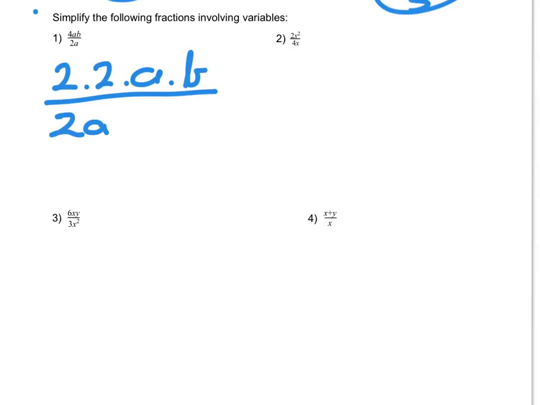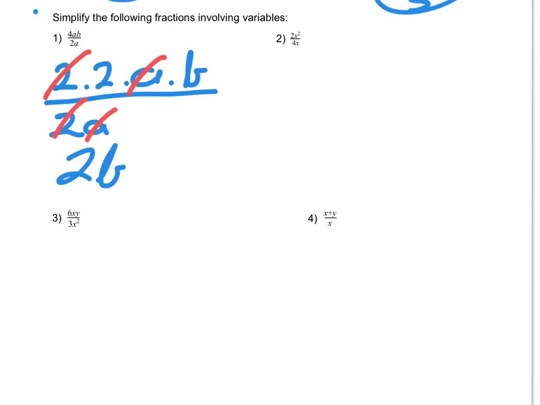Right, so now we're going to do our cancelling. Cancel a 2 on the top from a 2 at the bottom. Cancel an A from the top and an A with the bottom. And what are we left with? On the top we're left with 2B. And on the bottom, when everything is cancelled out, it just means 1. So 2B over 1 is 2B.